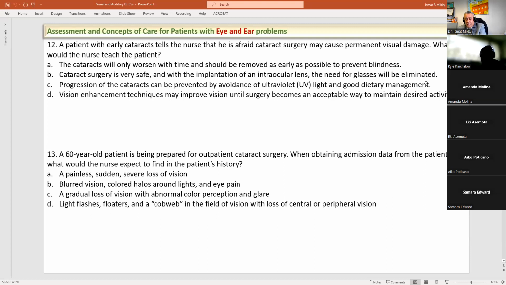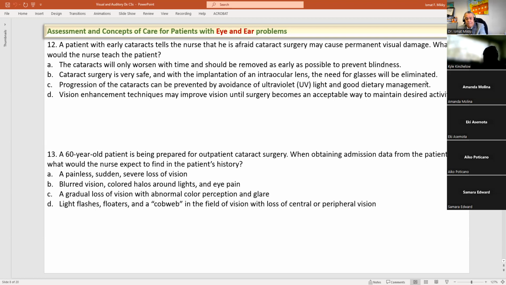12, cataract. So a patient with early cataract tells the nurse that they are afraid that cataract surgery may cause permanent visual damage. What do you tell the patient? The patient has this kind of significant concern about the cataract surgery.